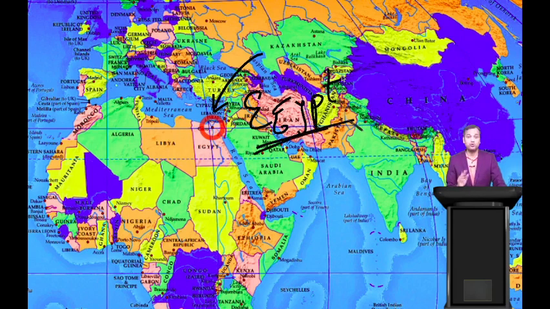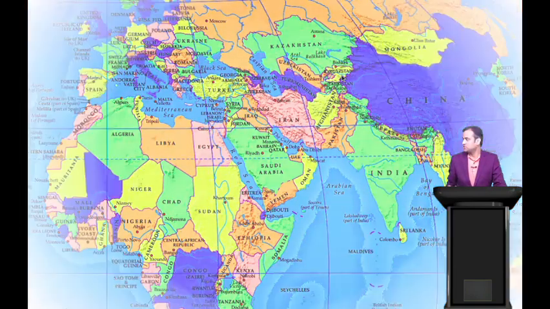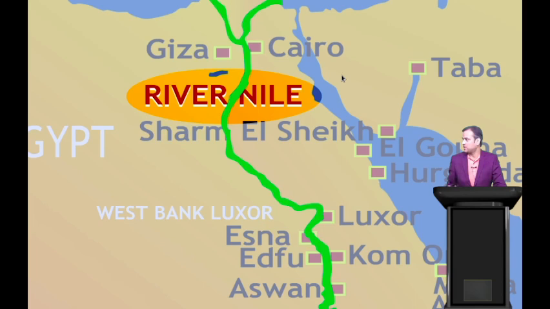I think you all know about Egypt, its mummies, its pyramids. So let's see what is happening in this country. So this is the country Egypt, and this is the river Nile, and there is a city which is called Cairo.